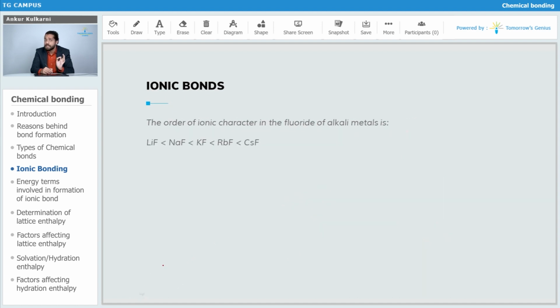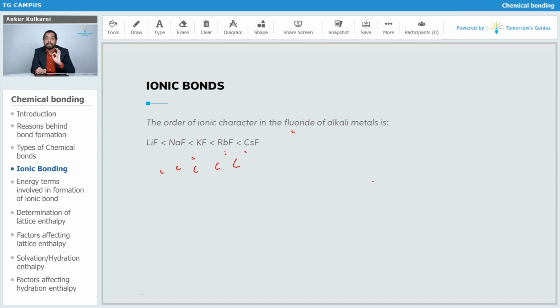Now see the order of ionic character in fluorides. When we talk about fluorides, lithium fluoride, sodium fluoride, potassium fluoride, rubidium fluoride and then cesium fluoride, you see the order is increasing. Why? Because let's take the consideration of size.